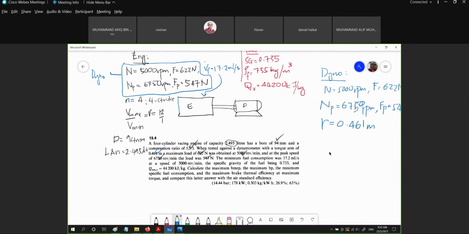So maximum BMEP, where is the max? Maximum load 622. One is peak, one is maximum. So the maximum is 622 at 5,000. I put M as max.